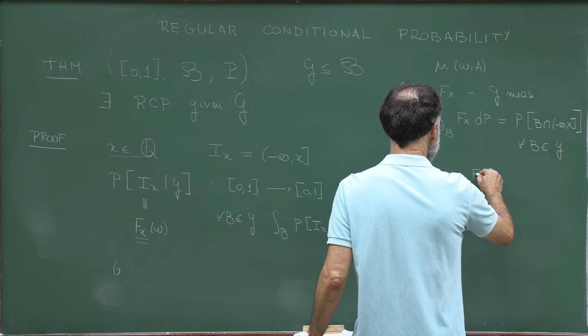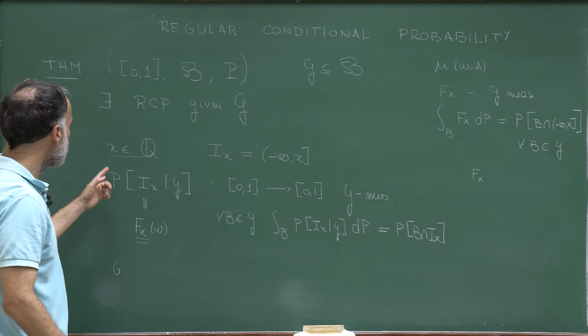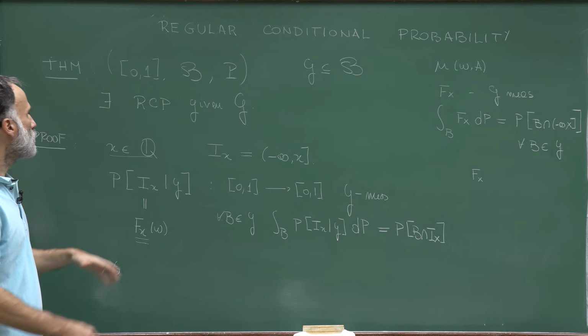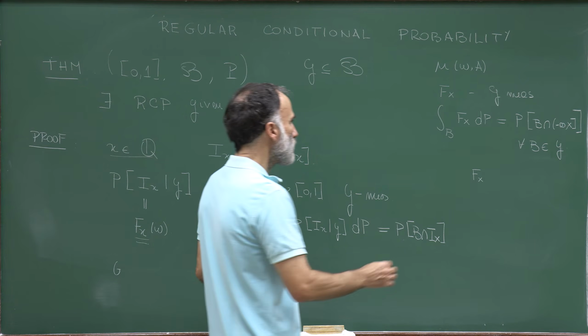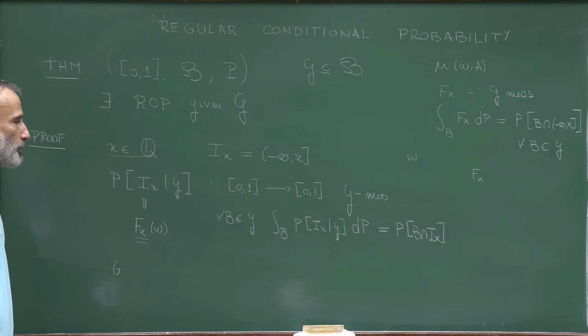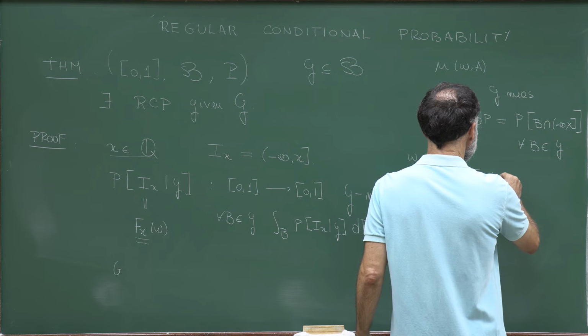We have these functions fx, defined for x in Q. We will now fix a point omega in [0, 1], in some set which I will define later.